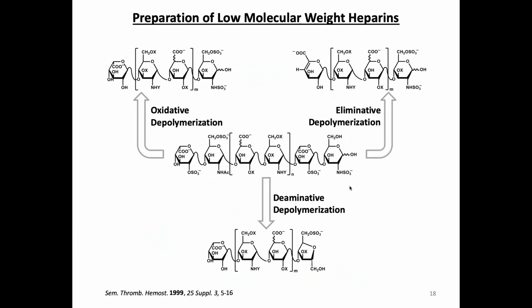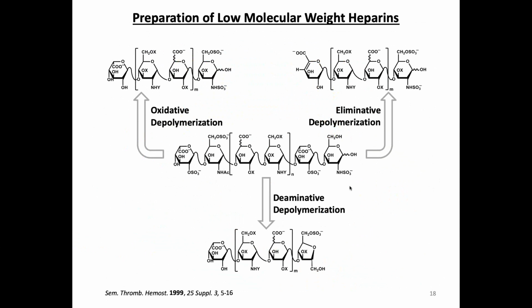Papers are being published in very good journals where newer depolymerization methods, such as light, such as gamma radiation, are used to cleave heparin and generate low molecular weight heparin. But you realize what is the value of this? The value of this is that if you have a newer method, you'll probably get a new structure, right?